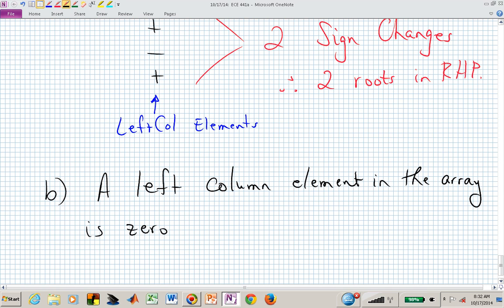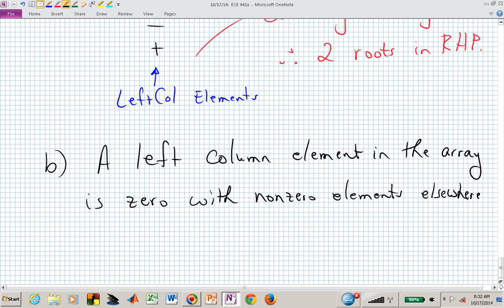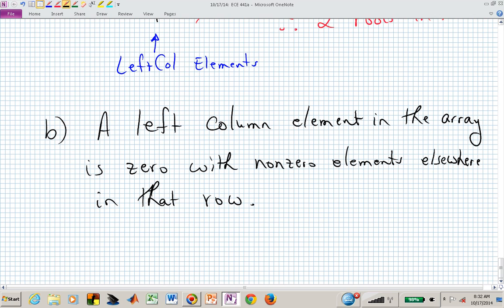That's what I'm trying to say here. With non-zero elements elsewhere in that row, we can't even continue with our Routh array construction. We have to do something.